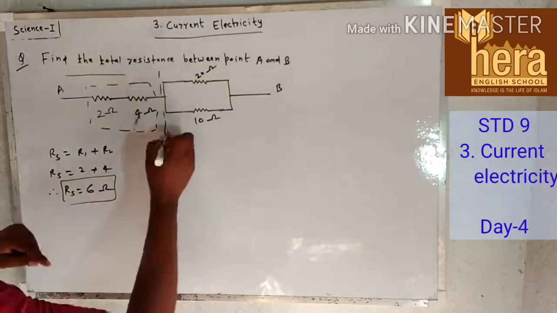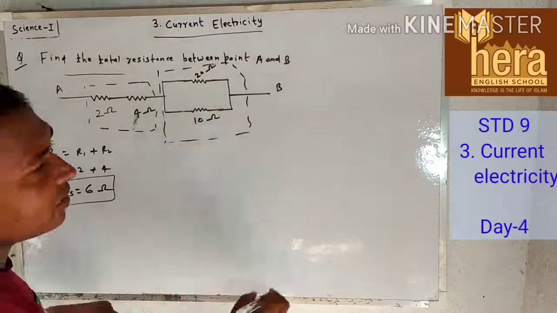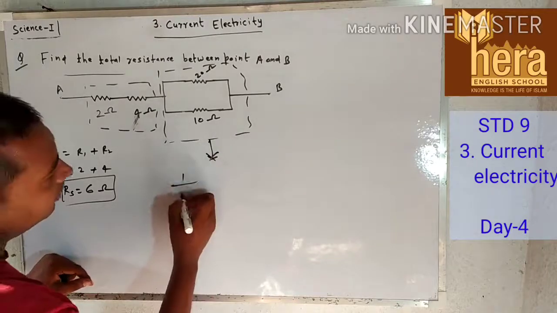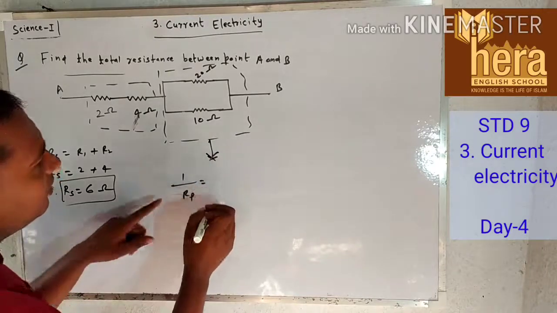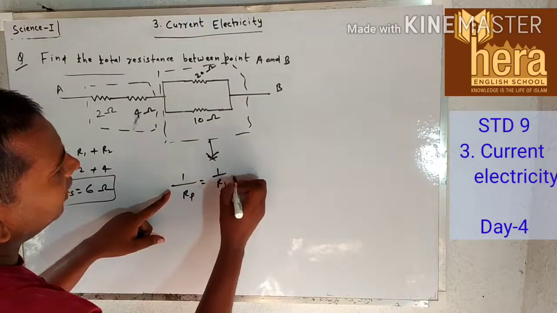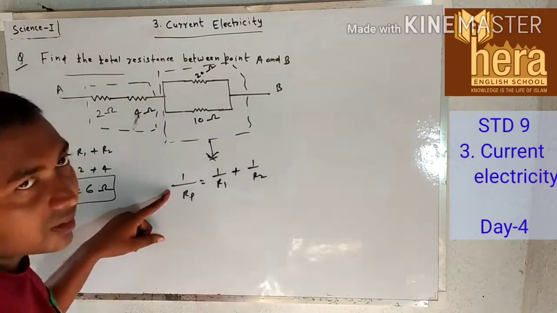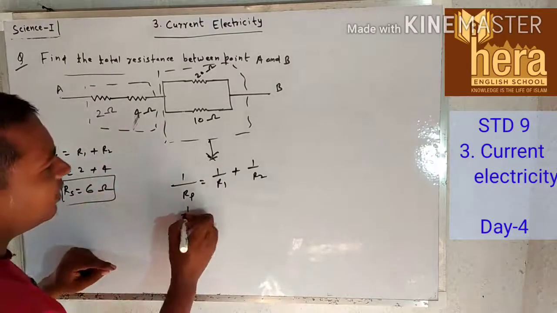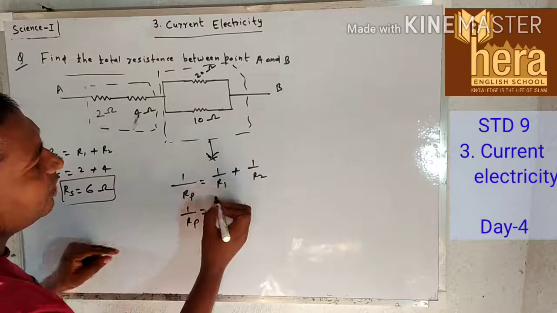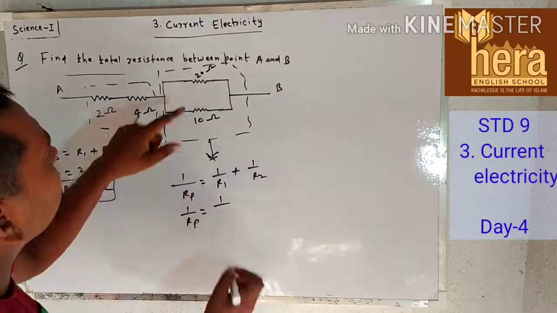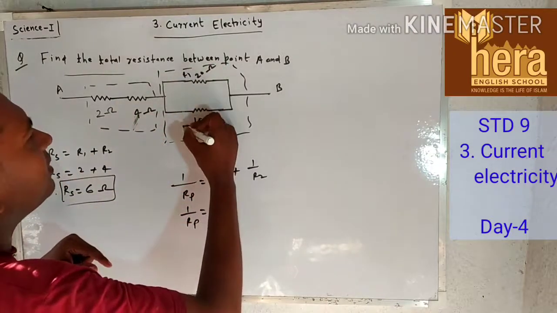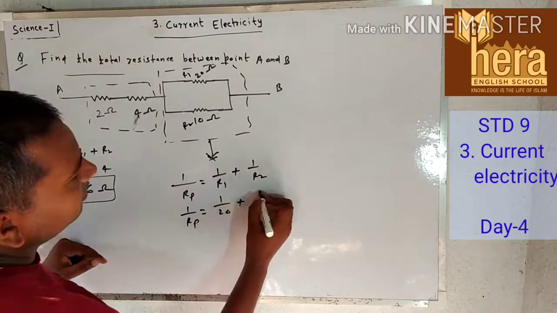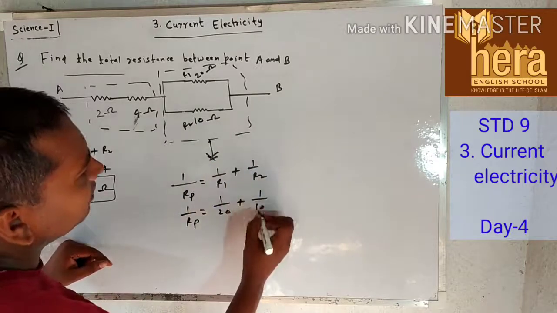Now these two are in which combination? Parallel combination. For this we will use 1 upon Rp is equal to 1 upon R1 plus 1 upon R2. Say this is R1 and this is R2. R1 is 20, R2 is 10.